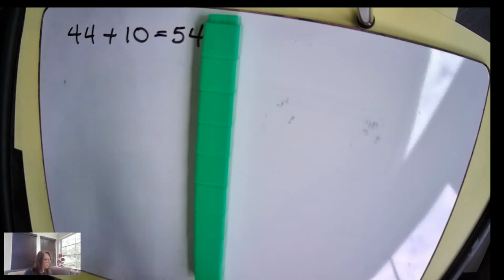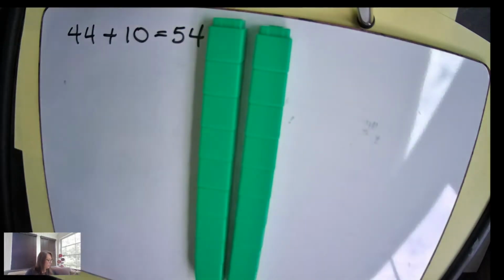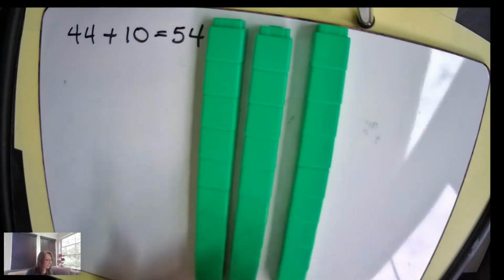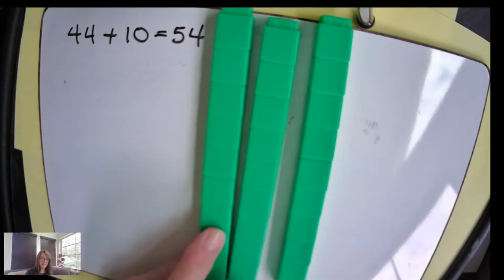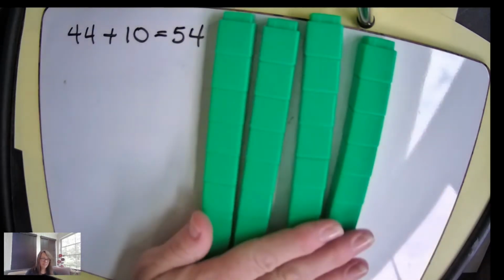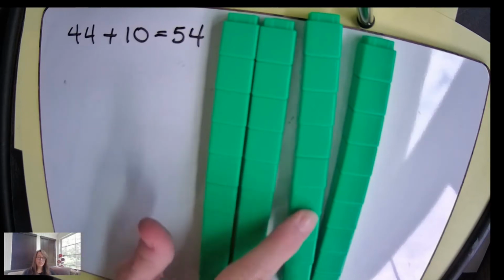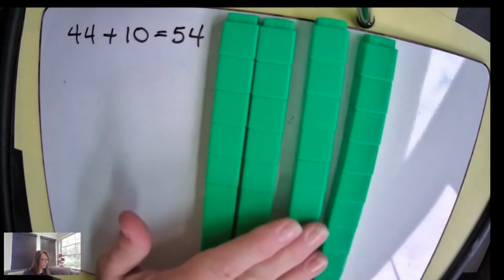Okay, so she used 4 tens cubes. This is 10, 10, 10, and 10. So that's 10, 20, 30, 40. Okay?